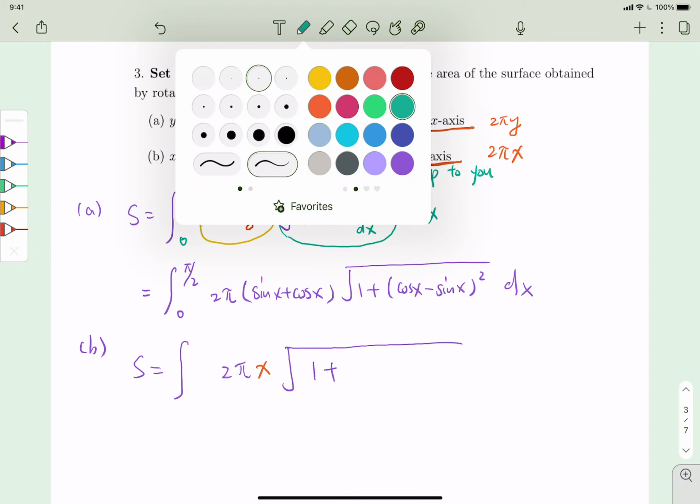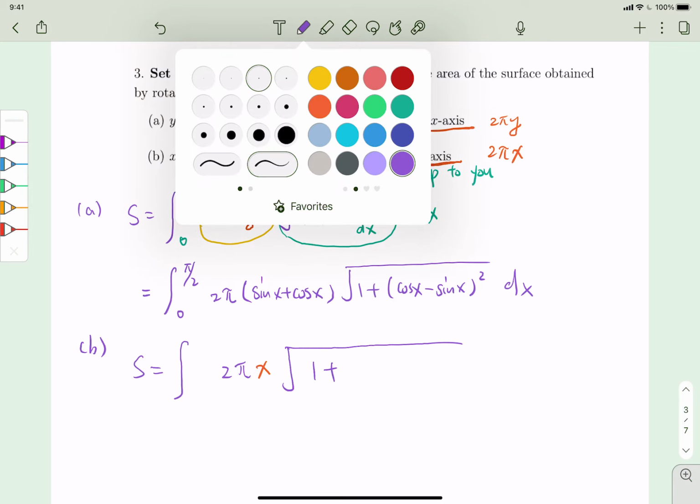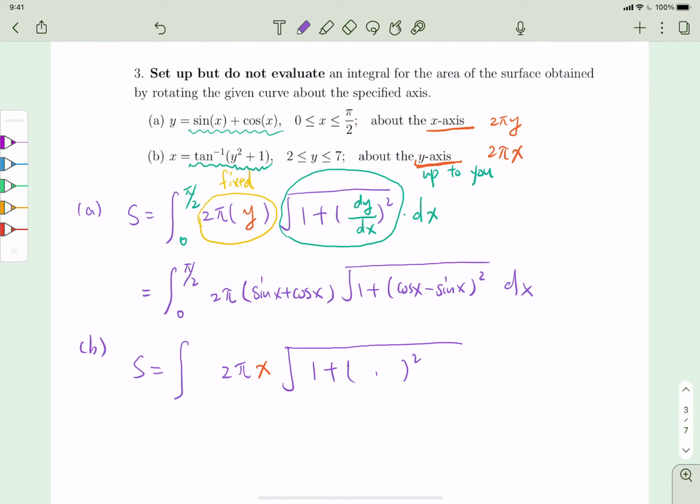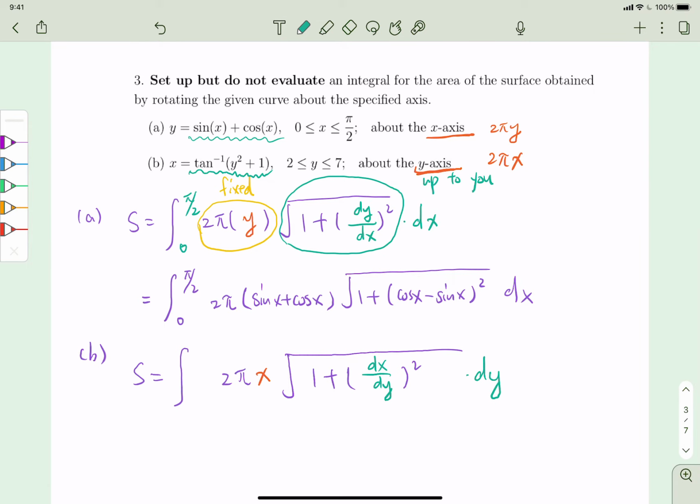So it's better to write in terms of y. That is dx over dy. And because it's in terms of y, I should have dy here. So I need bounds for y, which is already given. That's very nice. So from 2 to 7.